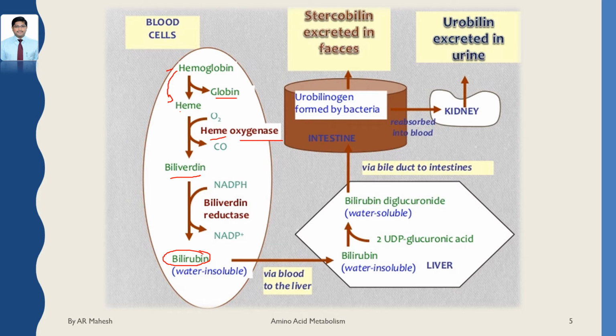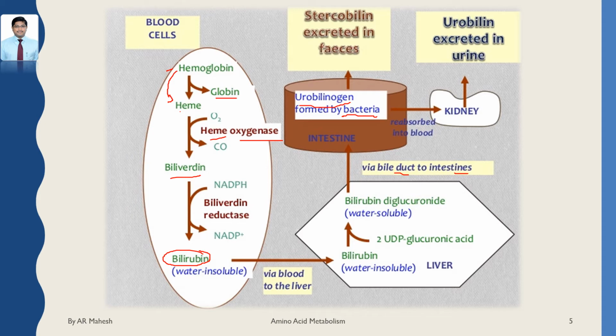This step takes place in the liver, and this bilirubin diglucuronide via the bile duct enters into the intestine, and in the intestine, in the presence of the intestinal bacteria, it forms urobilinogen, and this urobilinogen gets converted to stercobilin, which is excreted through feces. So stercobilin over here is responsible for the brown coloration of the feces.